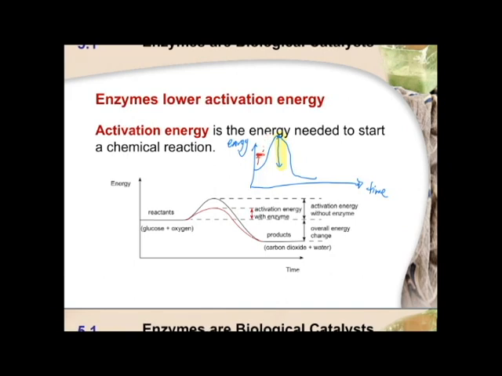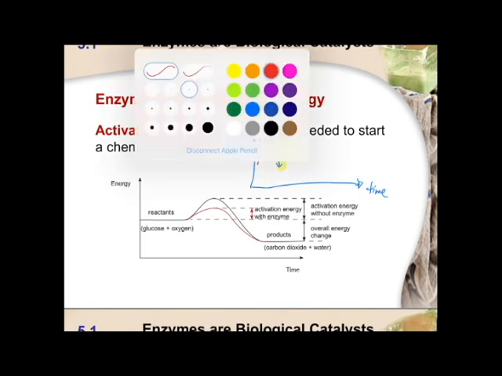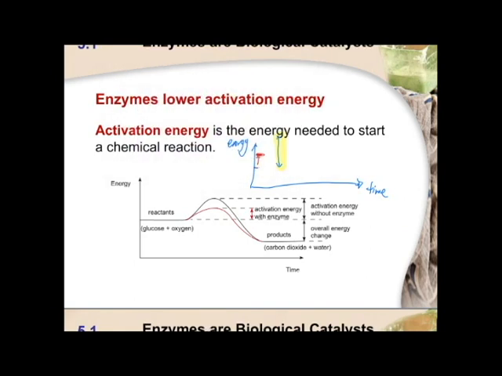So then how enzymes actually function is it helps to bring down the starting energy even lower. So you can see at the initial start of the activation energy without the enzyme, it's actually quite high. The hump is very high, the height is very high.